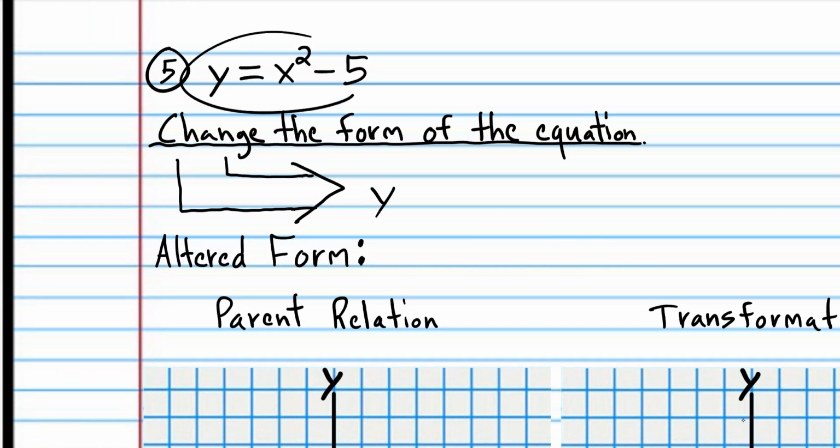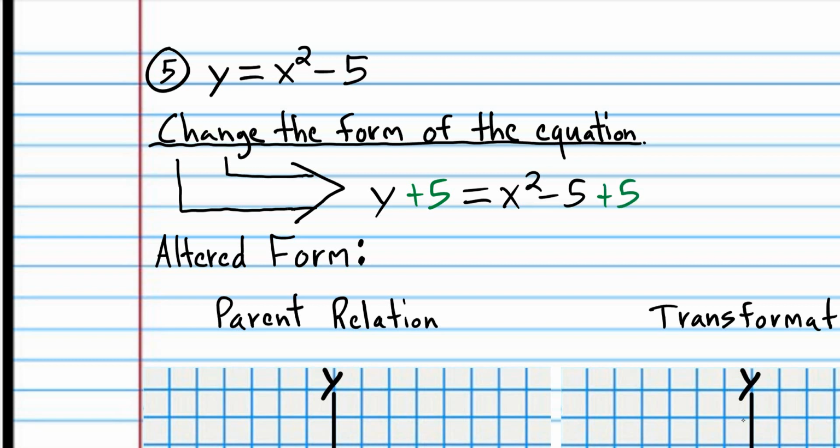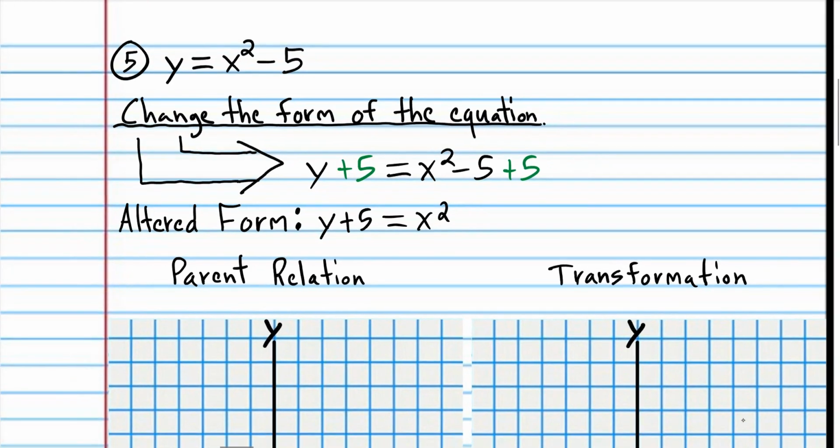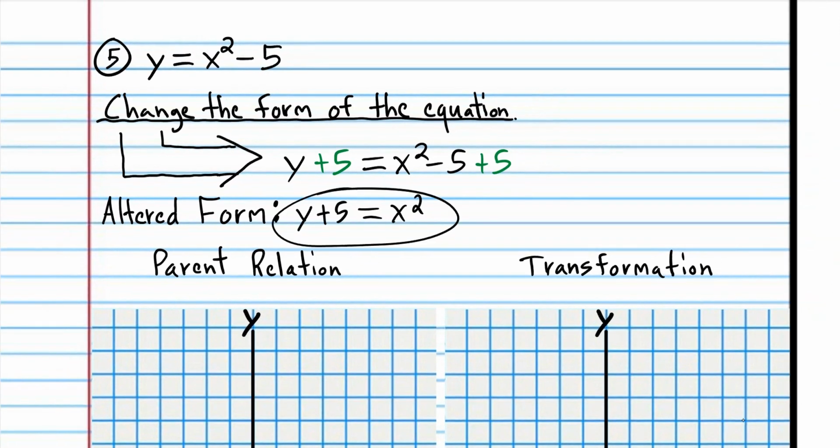So let's take this equation and change the form. Let's add 5 to both sides of the equation. And then we get y plus 5 is equal to x squared. Well, now we can see what to do to the parent graph.